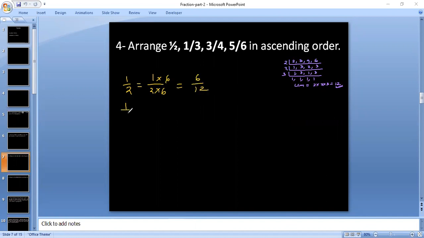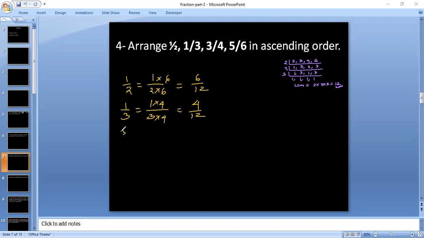Then 1/3 is equal to, 3 को 12 होना है. So you should multiply 4 both in numerator and denominator, equal to 4/12. Look at the screen here, 6/12, 4/12. Now equivalent fractions, sorry, like fractions.